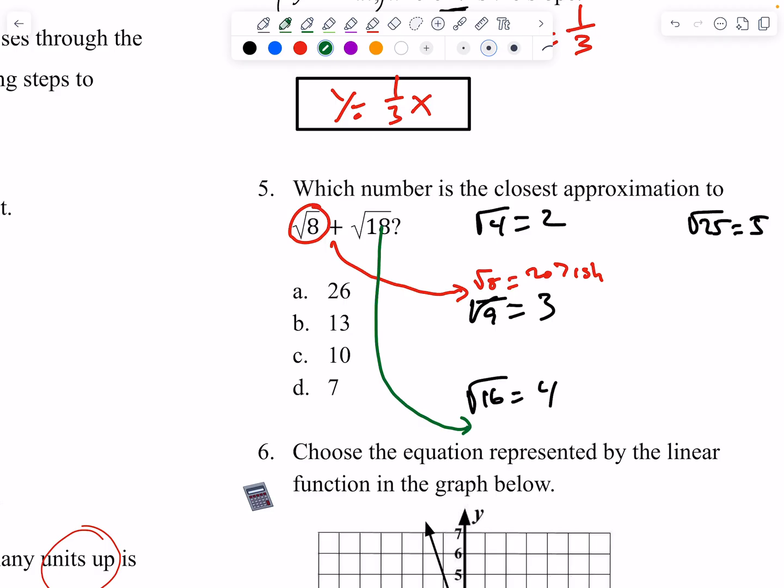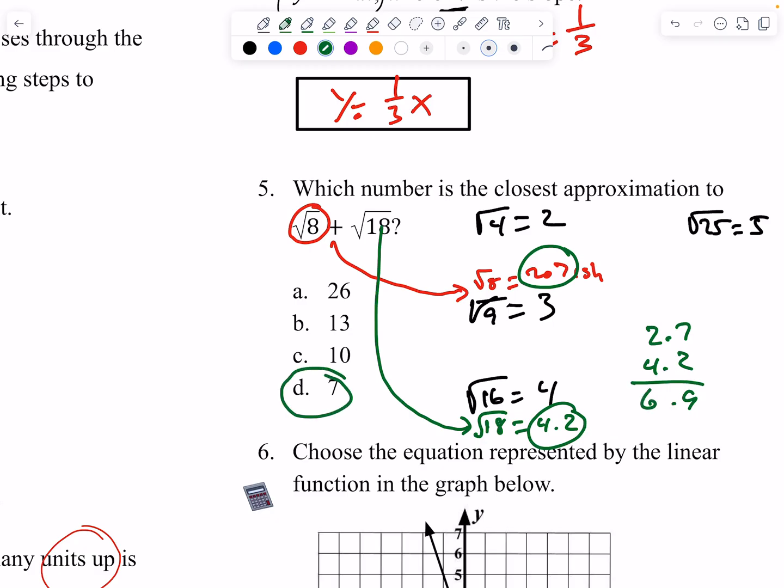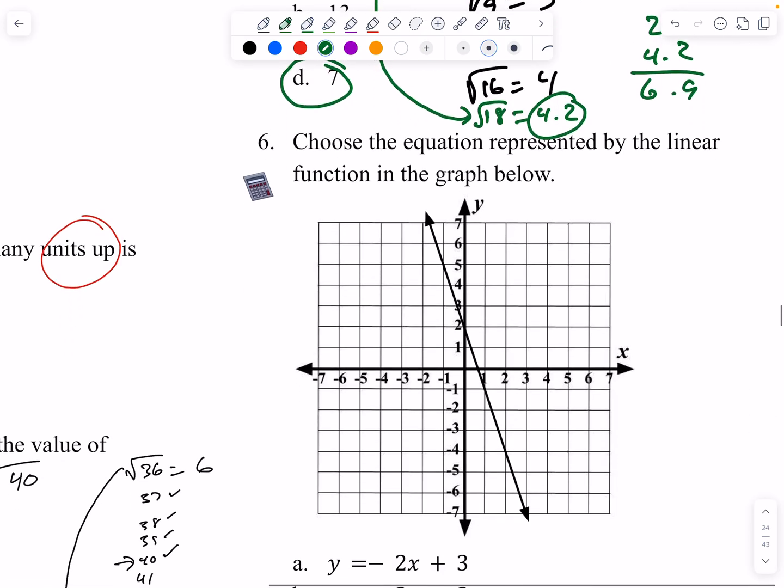So if I look at that one, it's around 4.2 or 4.3, something like that. So what do we got? 2.7 plus 4.2. If I add those, I get 6.9. So it looks like 7 is my closest number.